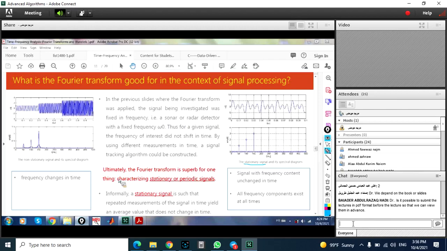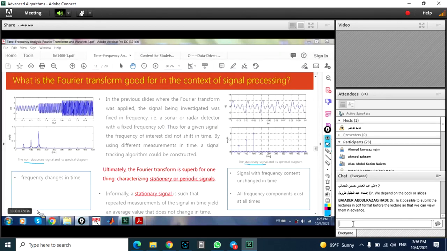The Fourier pairs are unchanged during time, so it is not proper for a non-stationary signal. In our biosystems, the human heart signal we call ECG, and the electrical signal of the head we call EEG.